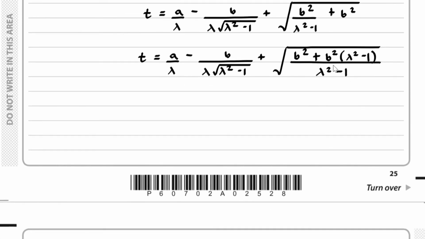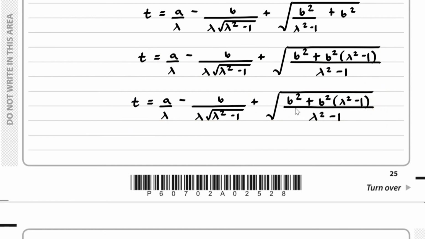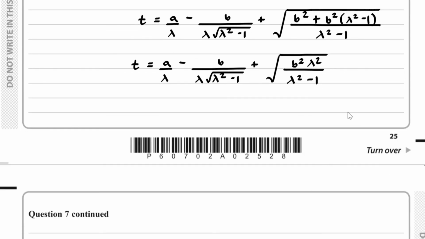And so what we'd end up with here is, well, if I copy and paste this, b squared plus b squared lambda squared minus b squared, this bit over here is going to simplify to just b squared lambda squared.